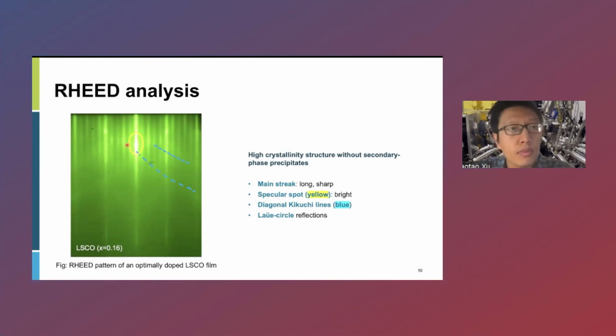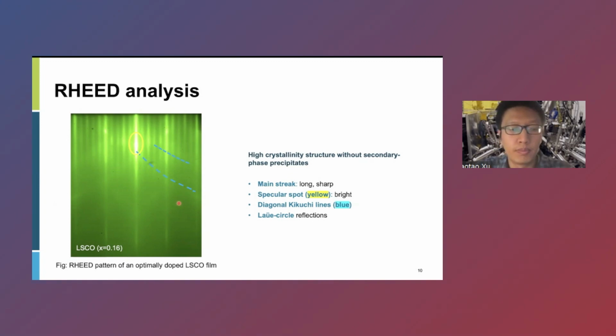This specular spot in the middle is very bright, which means the sample surface is flat and smooth. We also see this diagonal Kikuchi line and the secondary Laue circle, which is only observed in high quality samples. So in one word, we are obtaining this high crystallinity structure without any secondary phase precipitation.